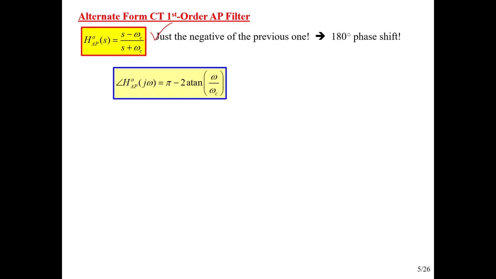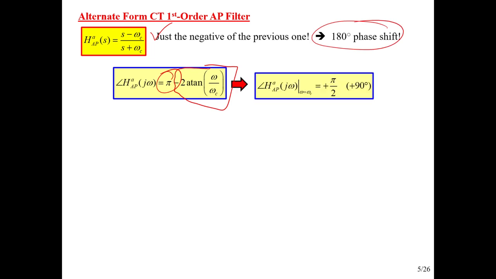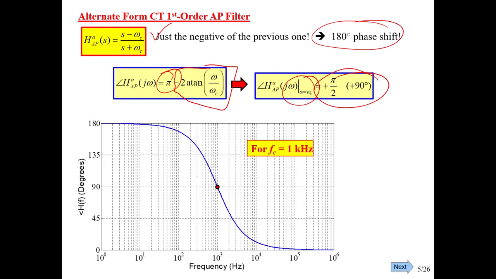So we can go through and do the analysis as well. But what we would end up with is what we had before with a pi out in front. That's from the 180 degree phase shift. And so we can check again and see that when we evaluate this at omega c, we now get plus pi over 2 rather than minus pi over 2. And we get a plot that looks like this.